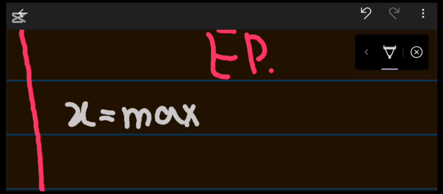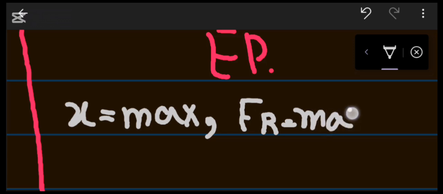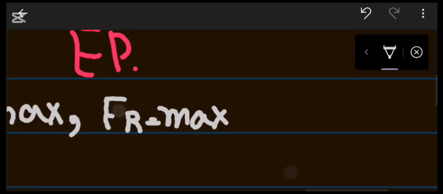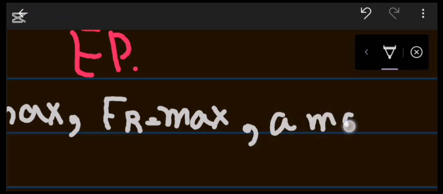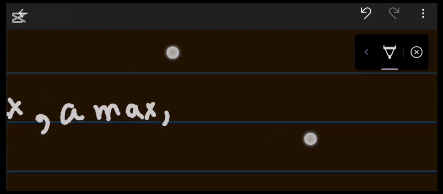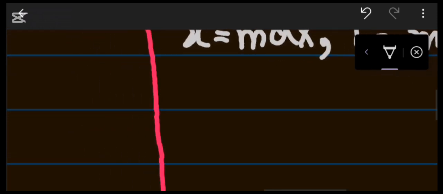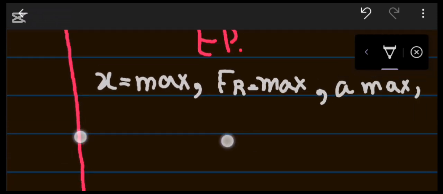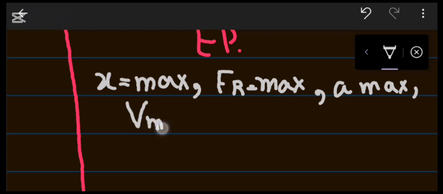And if we discuss the restoring force, it is maximum at the extreme position. And then acceleration is also maximum because we know the displacement is maximum. And velocity here is minimum. Why?